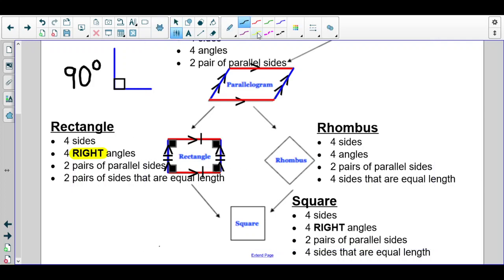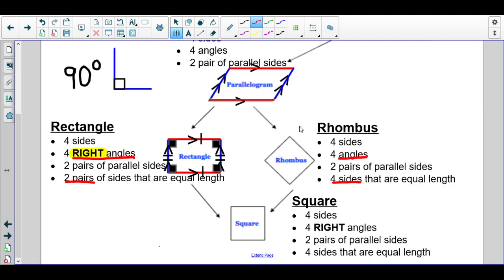So the major differences here are the angles, where here we had just angles, and right here we had right angles. And here we've got 4 sides that are of equal length, and here we just have 2 pair. All right, so here is a set that are the same, a set here that are the same, but right here all 4 are the same.